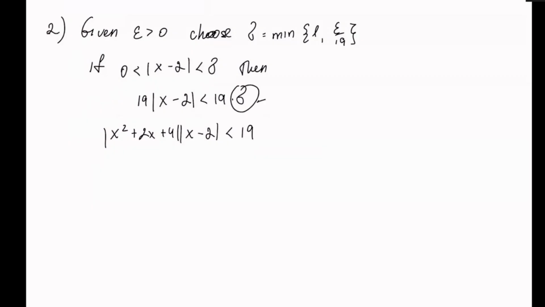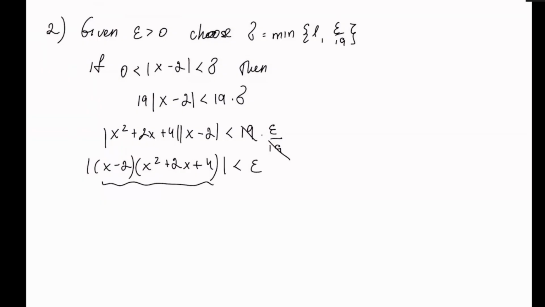And now delta is a value that is the minimum of 1 and epsilon over 19. So we will substitute epsilon over 19 here. And as you can see, they get canceled. These can be put into one absolute value, and we have the absolute value of x minus 2 times x squared plus 2x plus 4 less than epsilon.